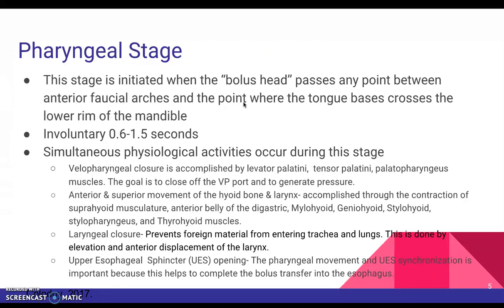Pharyngeal stage, many things occur: velopharyngeal closure, the hyoid bone and larynx move forward and upward to protect the larynx; laryngeal closure, also to protect the airway; and the upper esophageal sphincter opens, and this is to enhance the coordination between pharyngeal movement and the UES to complete bolus transfer into the esophagus and into the stomach.